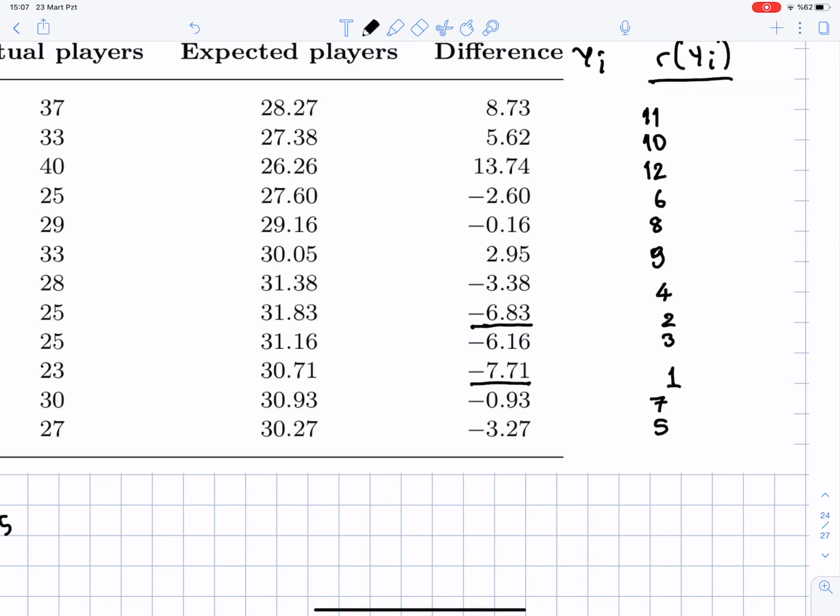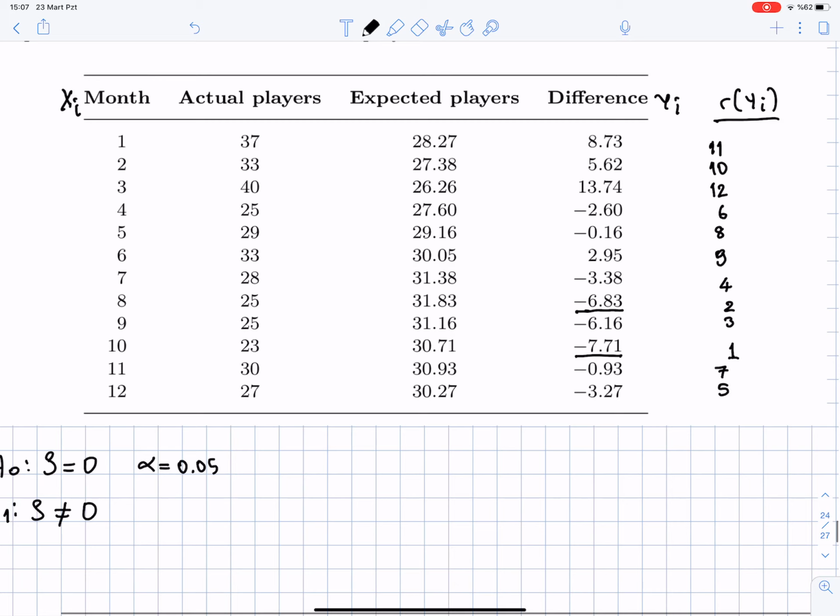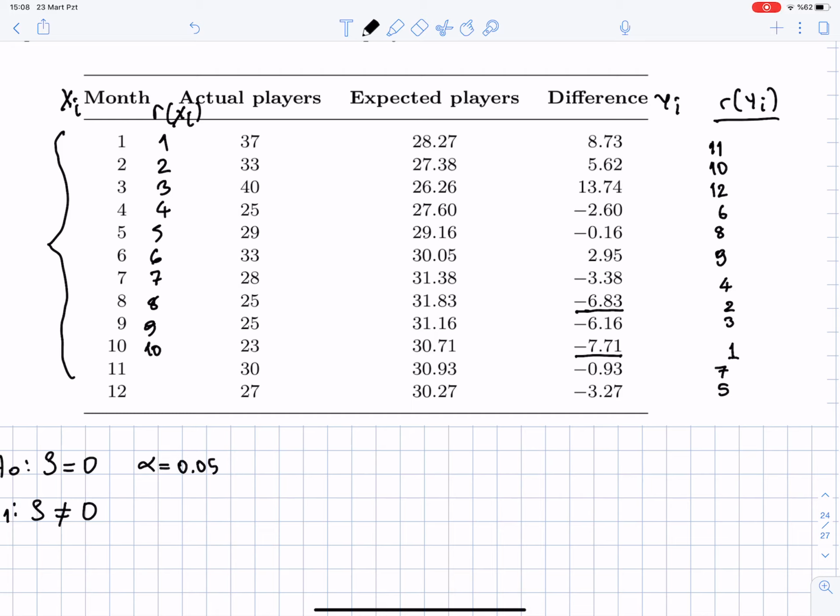So the sample size is 12 and the largest ranking will be 12. So this is the xi value, and the ranking of xi is also 1, 2, 3, 4, 5, 6, 7, 8, 9, 10, 11, and 12. No difference.